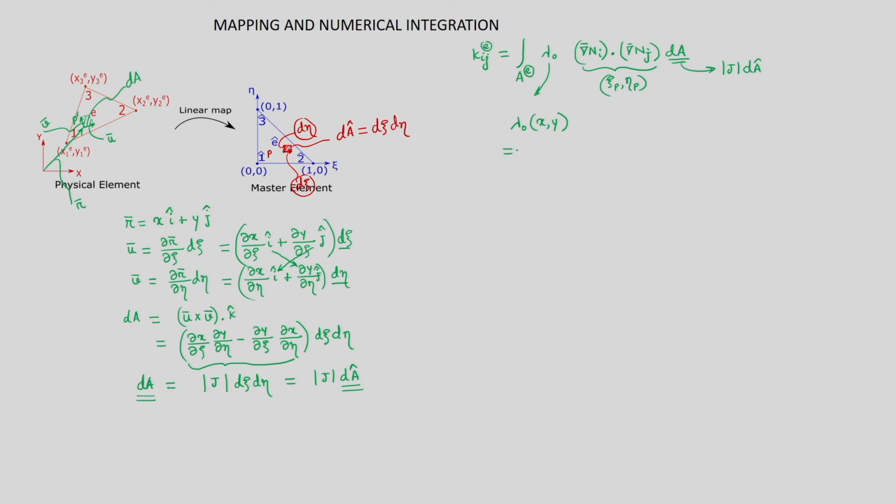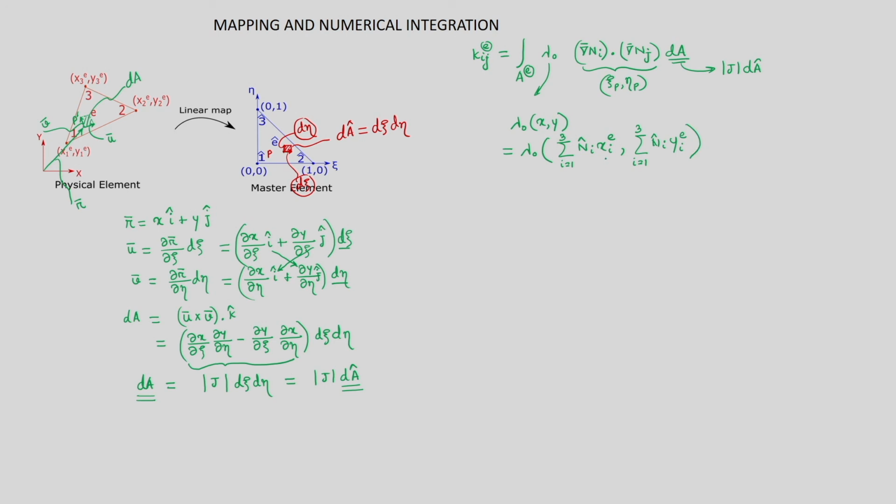So for x we will use the map: x is the sum of Ni hat xi e, where i goes from 1 to 3, and similarly for y we will write Ni hat yi e, i goes from 1 to 3.